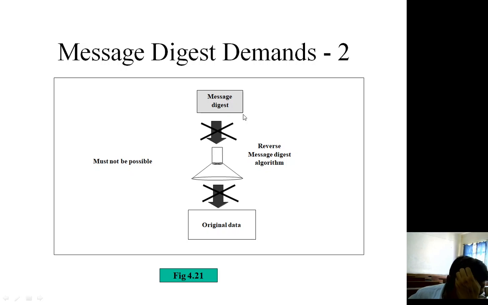Now, the second and important requirement is that if we know the message digest, the algorithm should not be reversible. Meaning, if we apply the message digest algorithm on the message digest, it should not be possible to know what the original data is. If the message digest is available, it is difficult to derive the message itself.